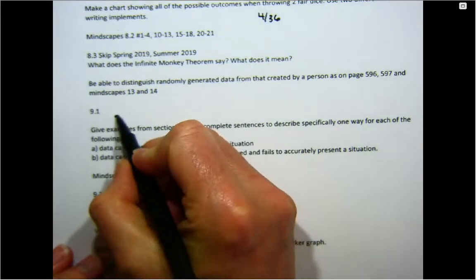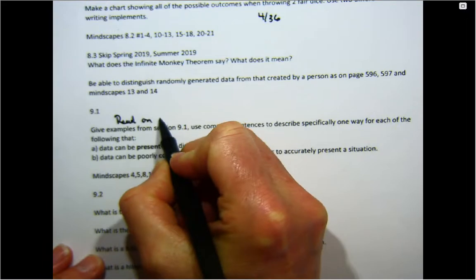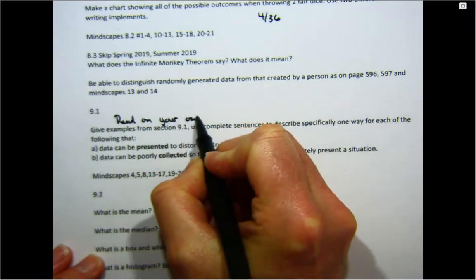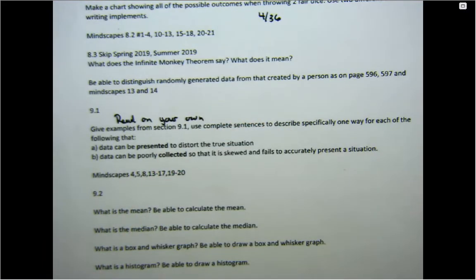9.1 you were supposed to read on your own. And I had told you that anytime up till today, so if you send me your 9.1 answers today, I'll tell you by the end of the day Monday if you're right or not. They're supposed to be specific examples from 9.1.